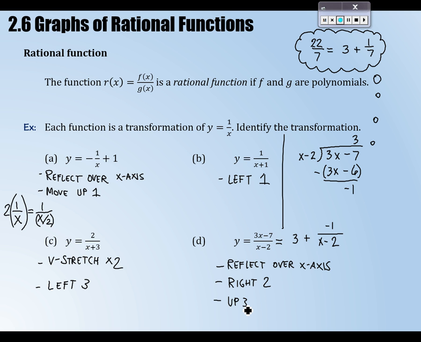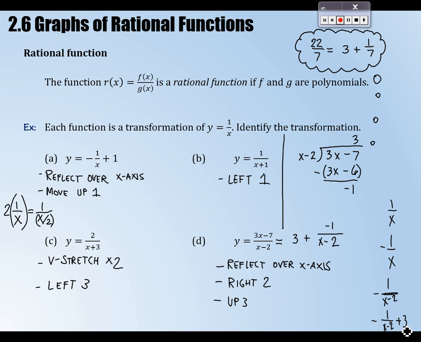Right now we have negative 1 over x. Replace x by x minus 2. And then add 3. So that's my thought process. I know what 1 over x looks like. Replace x by x minus 2, and then move up 3.